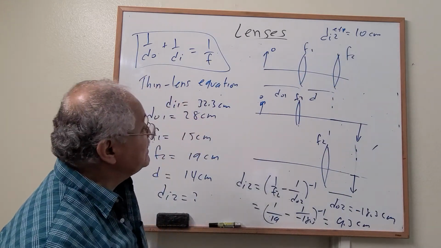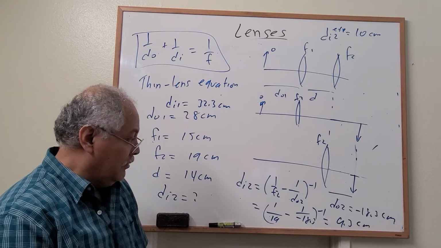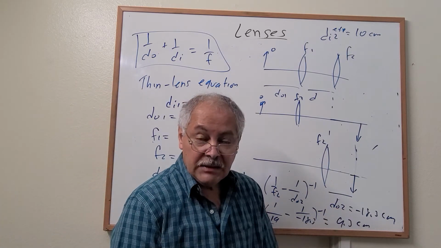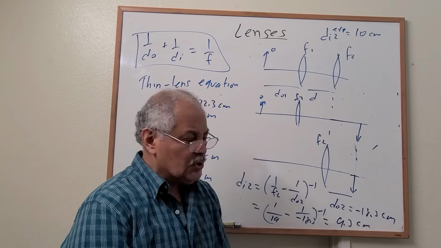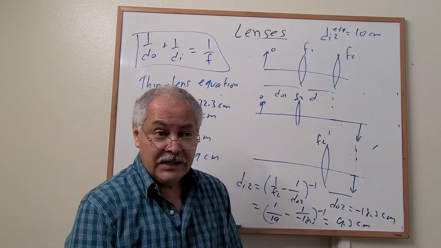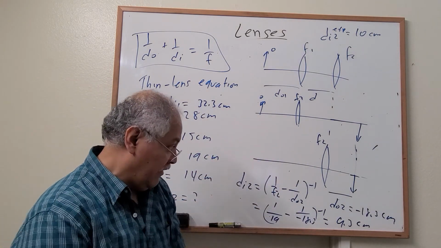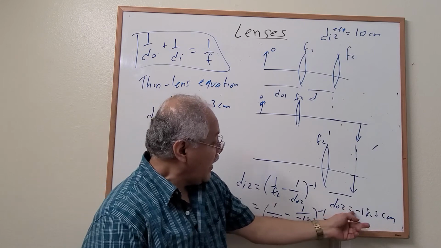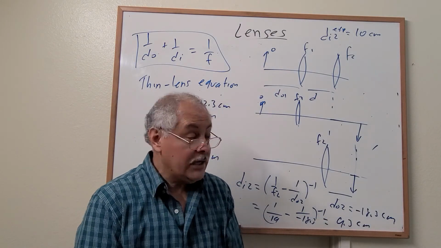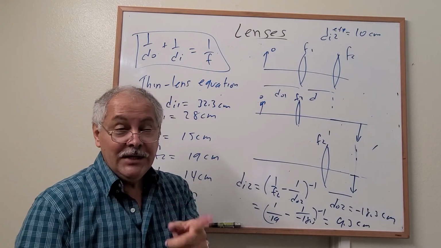This is one example of how we can work with a combination of lenses. Usually, with one lens or two lenses, we work with DO positive, the distance from the lens to the object. But sometimes, like in this case, we have a condition where that distance is negative. With this we finish this chapter, and see you in the next chapter.